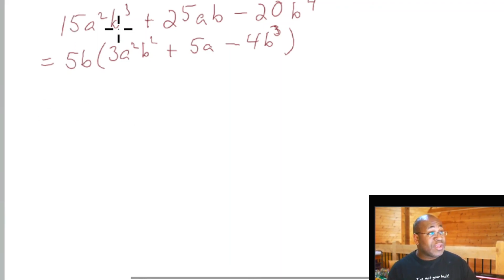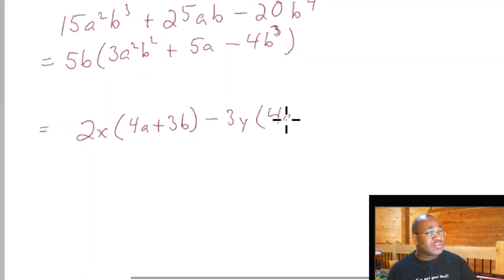In addition to being able to factor out both numerical and variable terms, we can also factor out multiple term common factors. And this will transition us into what we'll be going into in the next section dealing with the grouping method. So for example, if we have 2x times 4a plus 3b minus 3y times 4a plus 3b.